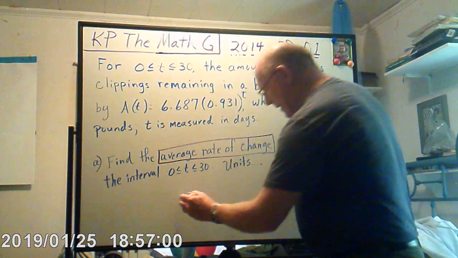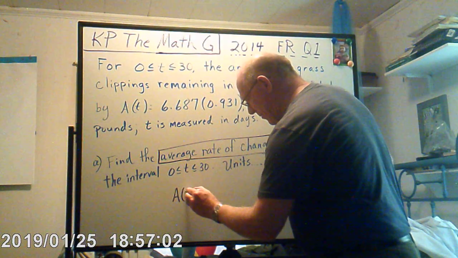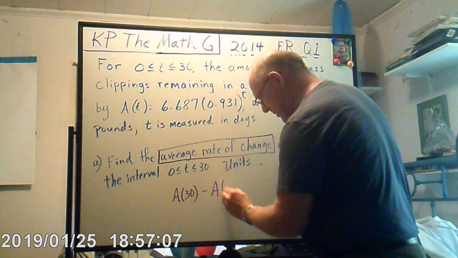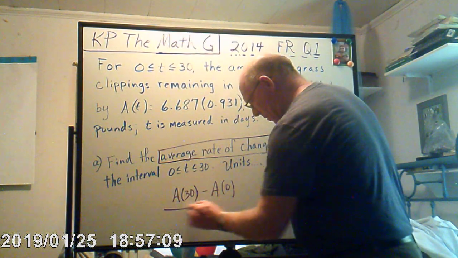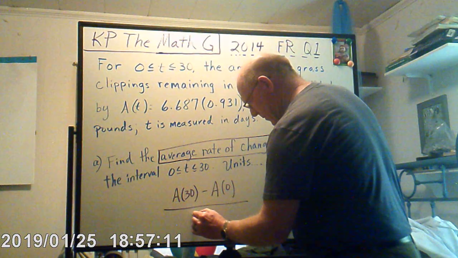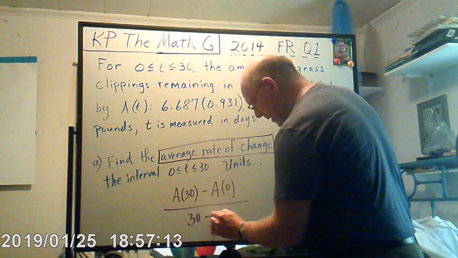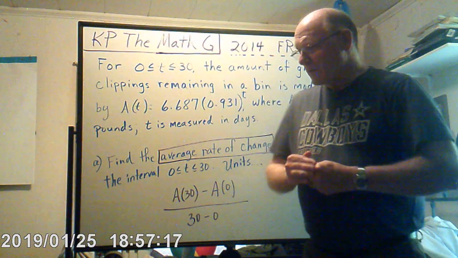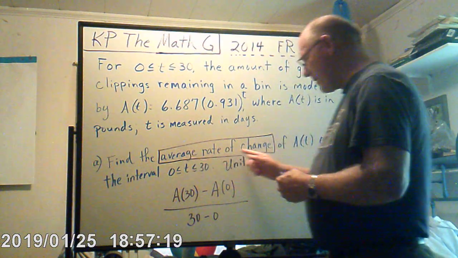So it's A at 30 minus A at 0 over 30 minus 0. That's how you do it. That is average rate of change.